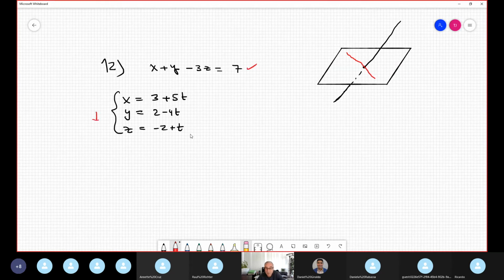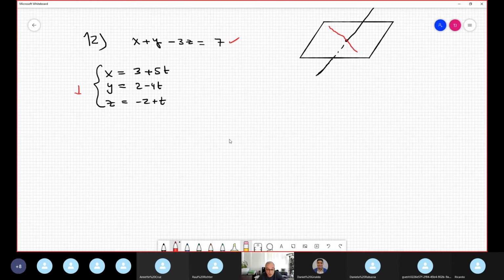Perpendicular. Okay, so let me try to write here. This is a complicated problem, and for a complicated problem normally I need to set out a strategy. Number one step is to find the point, or the potential point. What point?